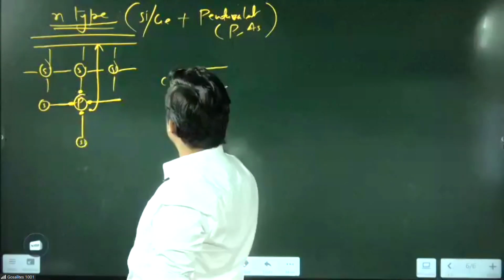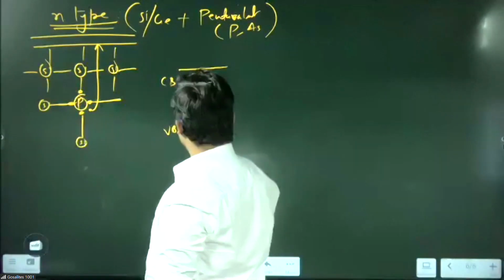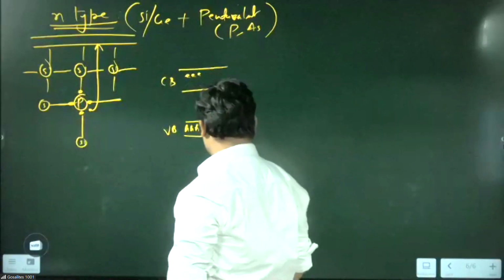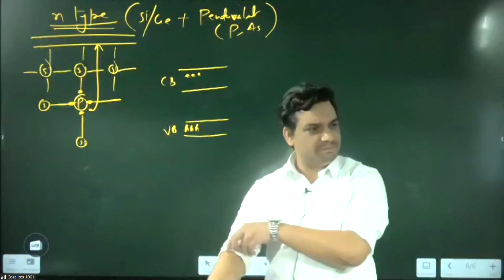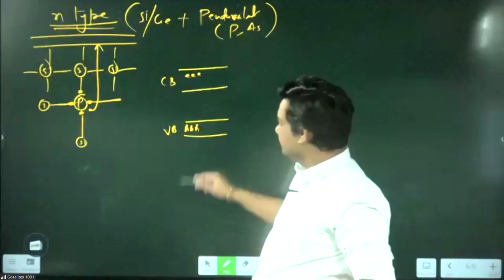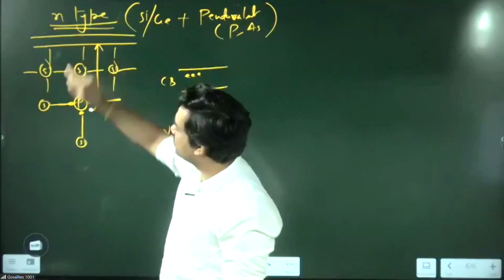We can say conduction band, valence band. Some electrons and some holes we also get because of temperature. Clear? Now, one phosphorus atom will donate one electron.